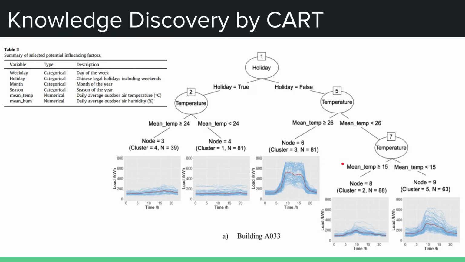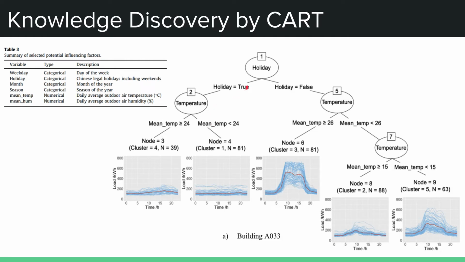Here is the knowledge discovery part. Like I told you, this knowledge discovery is about finding the relation between the potential influencing factors or features and the identified clusters. For that, they trained a decision tree algorithm, CART, and this is the result. This is the representation of the decision rules, we could say.